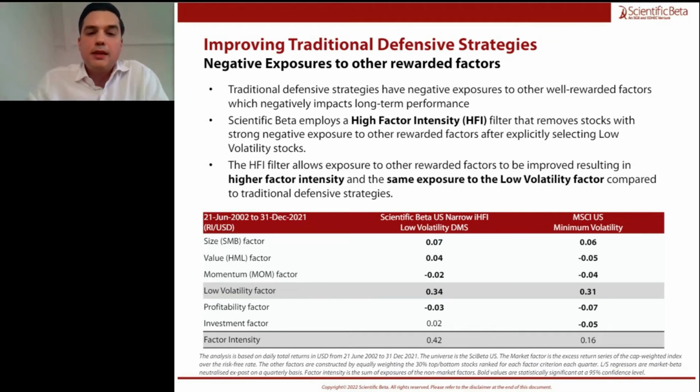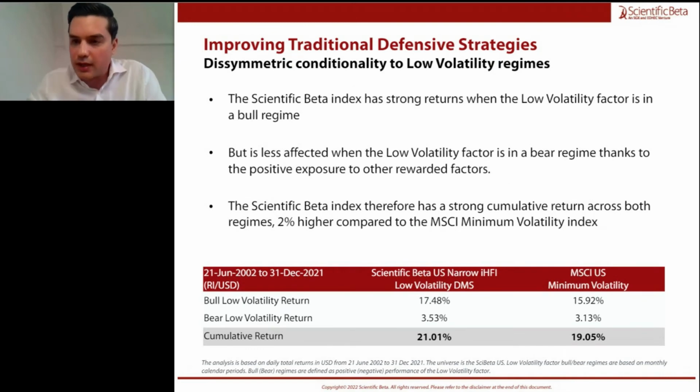What this means in terms of distribution of returns, for example, here we split the returns between periods where the low volatility factor does well, and periods where the low volatility factor does not do so well. In both these regimes, our low volatility factor is doing better than the MSCI Min Vol portfolio, the traditional defensive portfolio.